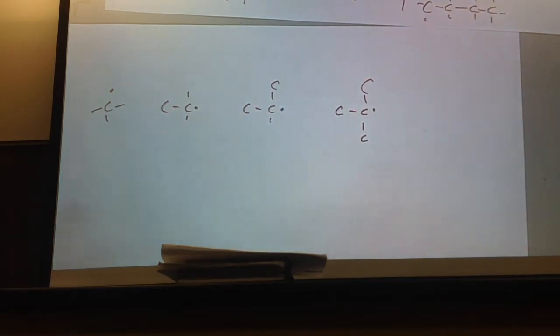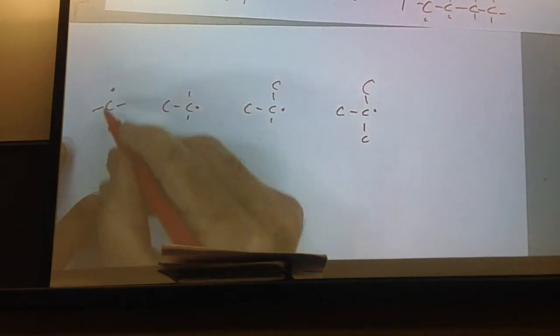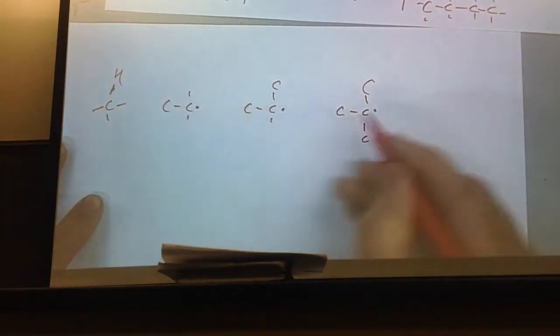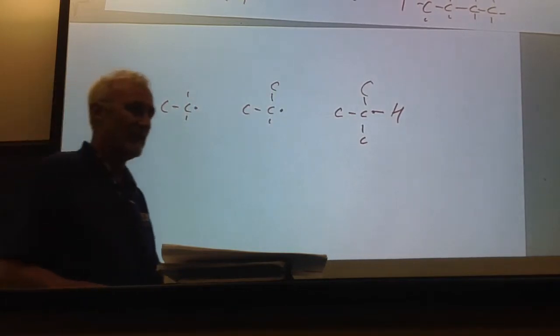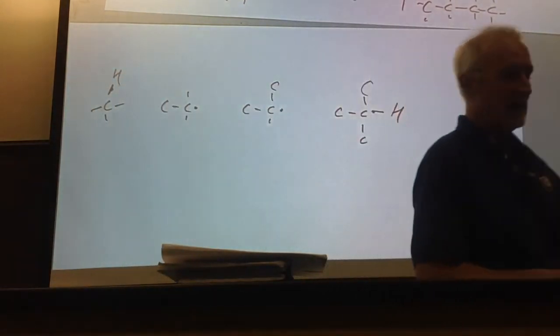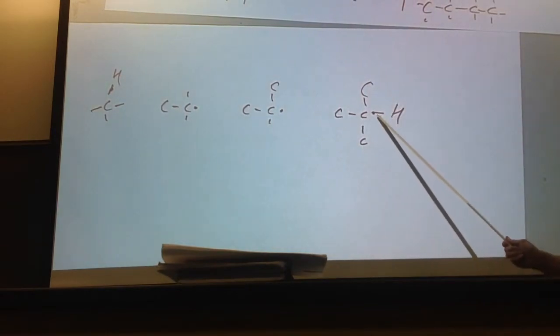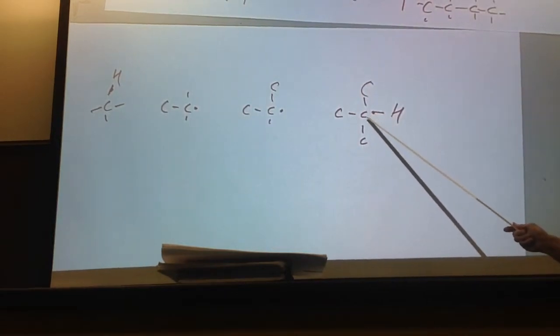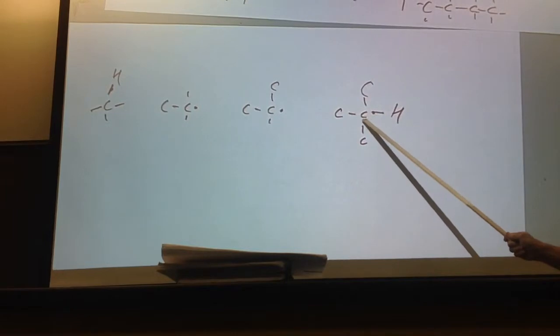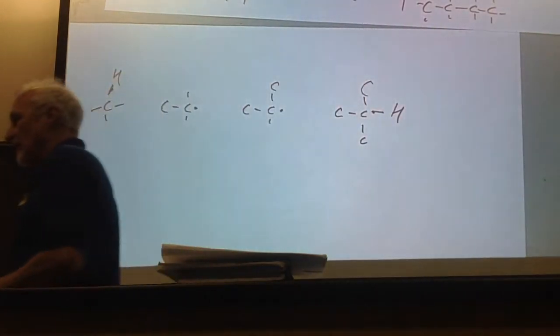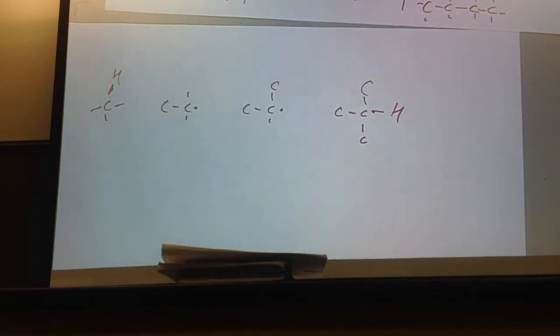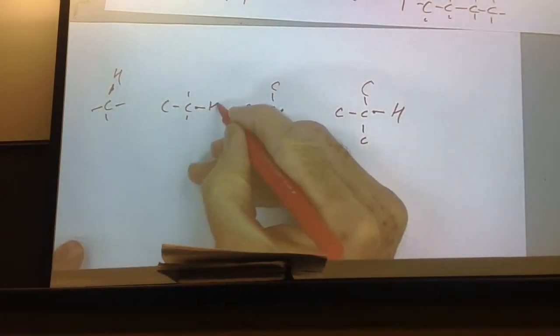So if you abstract hydrogens, this hydrogen is hard to abstract. This hydrogen is easy to abstract. On the far left, if I abstract that hydrogen atom, I get a methyl radical. Very unstable, very high energy, hard to form. If I abstract this hydrogen, it's easy compared to that one because I form a third degree radical. So the abstraction of a hydrogen can be predicted based on the stability of the radical that's formed.